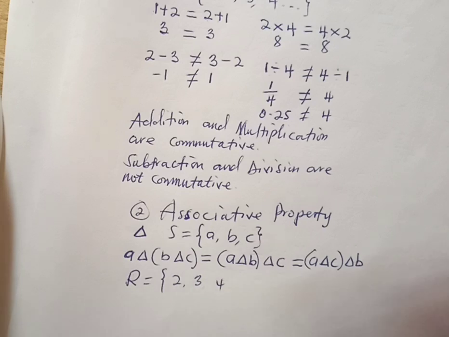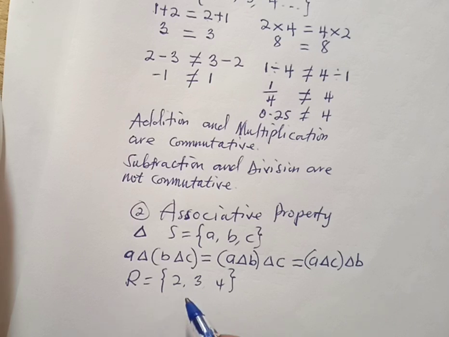The set of real numbers comprises a lot of numbers, so I'm just using only 2, 3, and 4. These three numbers represent A, B, and C. And then I'm going to use our four basic operations, which are addition, subtraction, multiplication, and division.